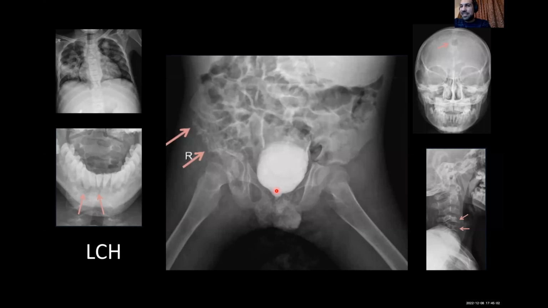What is the other disease which affects the alveolar margin? What else? Yes, hyperparathyroidism. Yeah, very good.